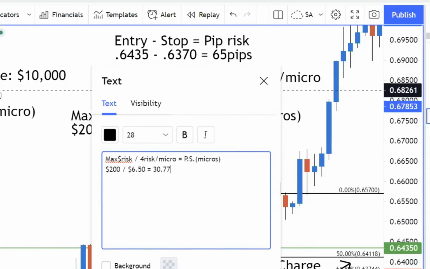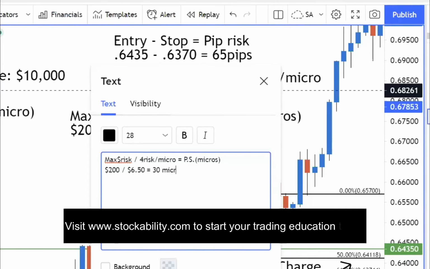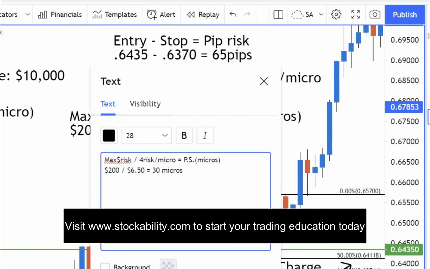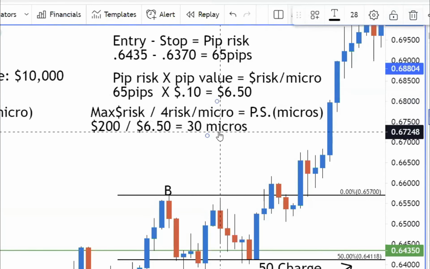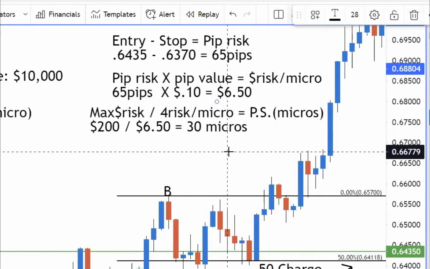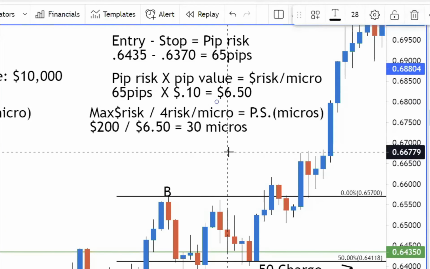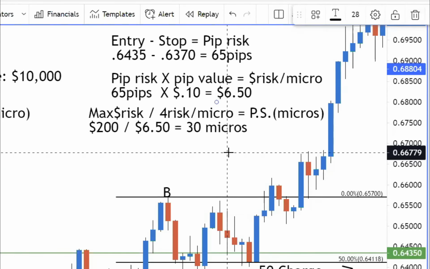But the trader would have to basically round down to just 30 micros, and that would be their position size. Now I can turn this into units. If I know that each micro is 1,000 units, right, then 30 times 1,000 would be 30,000, right?